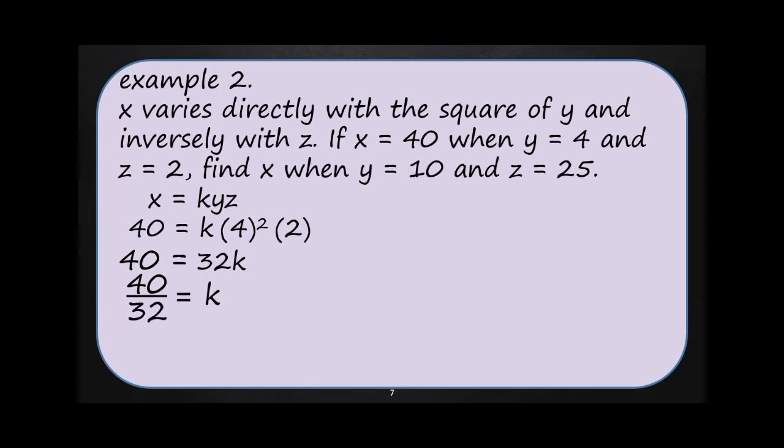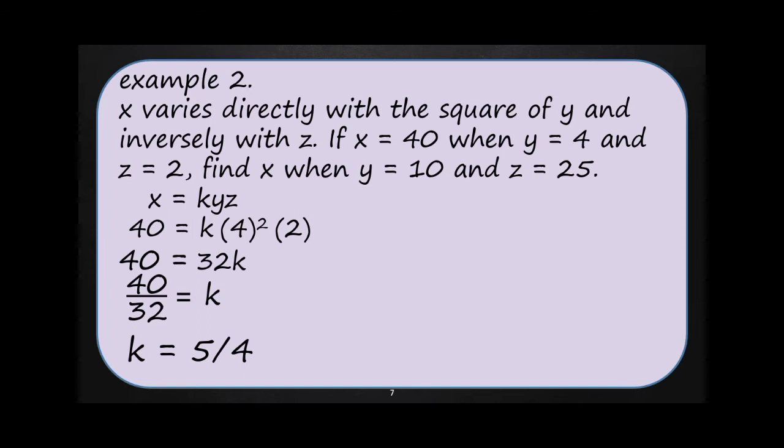So we have now k is equal to 40 over 32. Then, lowest term, ang 40 at ang 32 ay parehong divisible by what? By 4 and by 8, by 2 also. Siyempre, ang kukunin natin is the greatest common factor. So, that is 8.